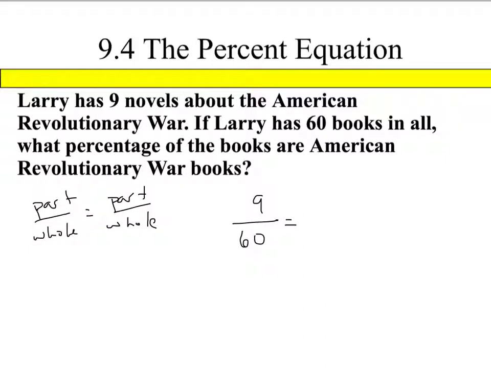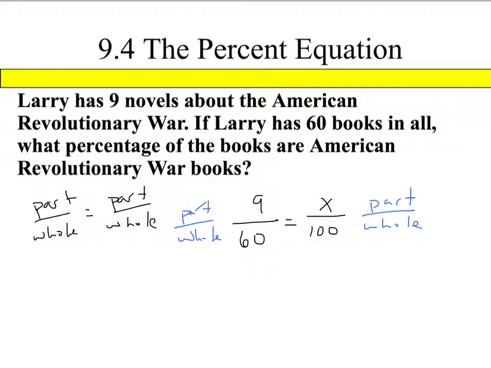On the other side, I always have my percentage over 100, and we're trying to find my percentage. Again, part over whole is equal to part over whole. There are 9 books out of a whole 60 books. That gives me a part of a percentage over a whole of 100.